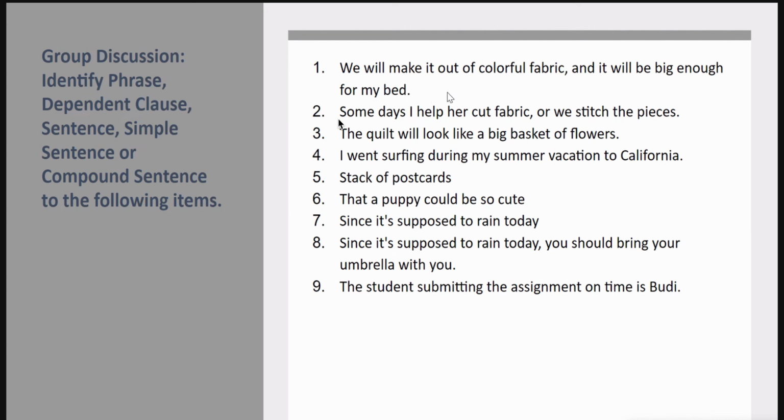Let's say, my bed is a non-phrase, and make it out, will be, and so on, no. But you just identify whether number 1 is a phrase, dependent clause, sentence, simple sentence, or compound sentence. So you don't have to look for other elements in each number, you just decide.